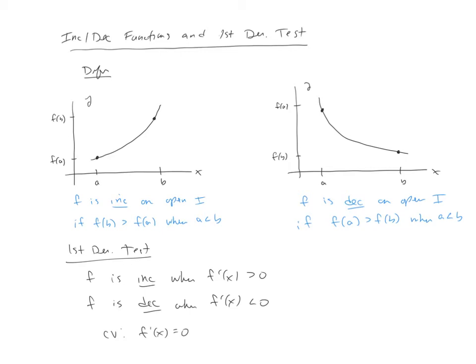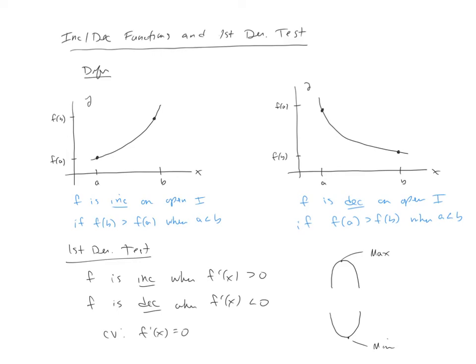And now, going a little bit further, we can also see that when we have something that changes from increasing to decreasing, then you would be dealing with, right here, a maximum value. Similarly, when we have something that changes from decreasing to increasing, right here, we would have a minimum value.